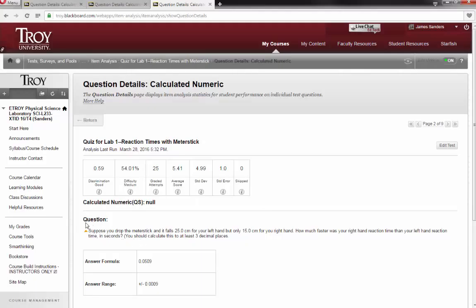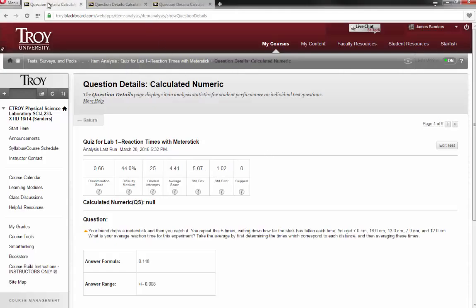The other one looks like you drop the stick, it falls a certain distance for each hand, and you want to compare how much faster one hand was than the other, and that's again in time. And finally, it needs a percent difference calculation for 2 times. So let's look at each of these questions in turn.